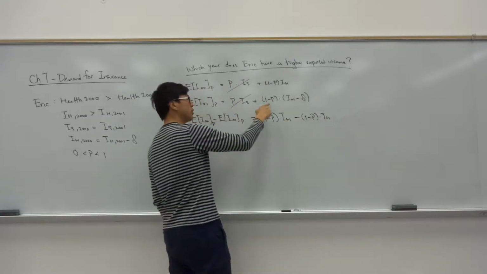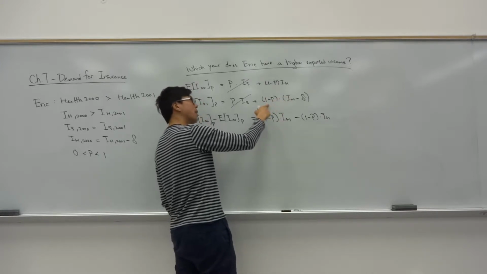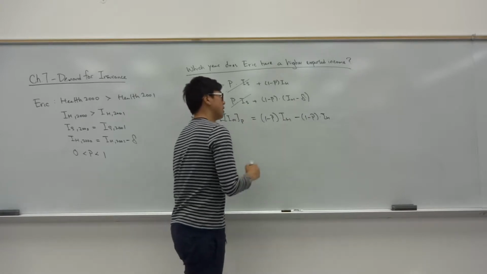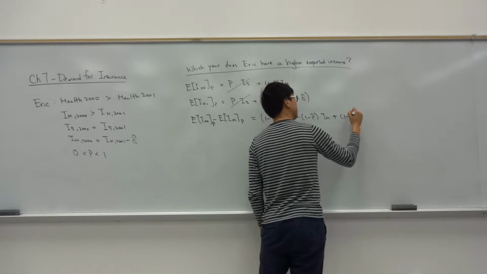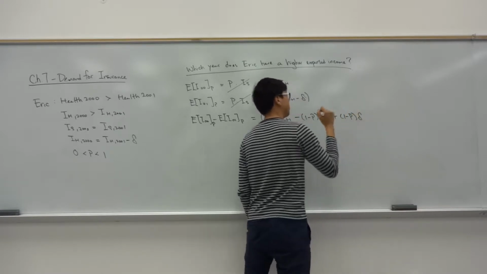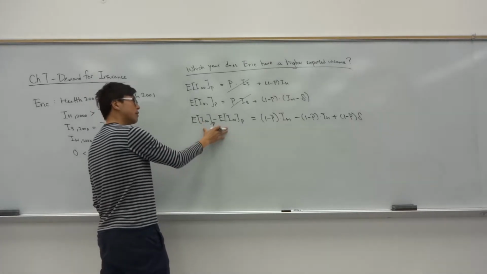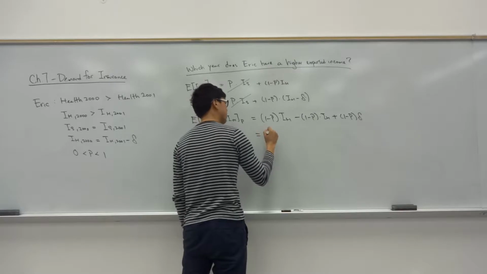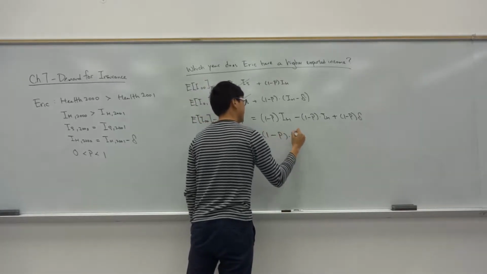If I multiply 1 minus p to IH, I have to multiply 1 minus p to negative delta here. So negative, negative becomes positive. In this case, the difference between the two expected incomes is equal to 1 minus p times delta.